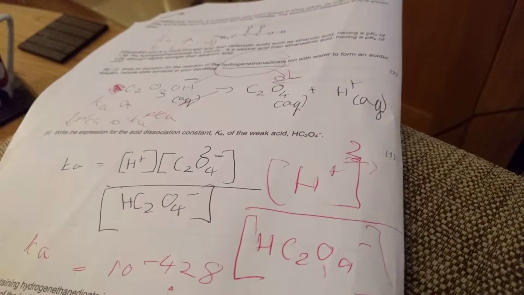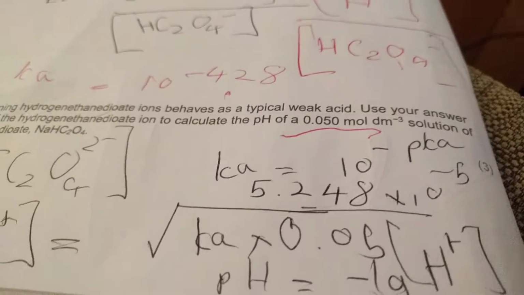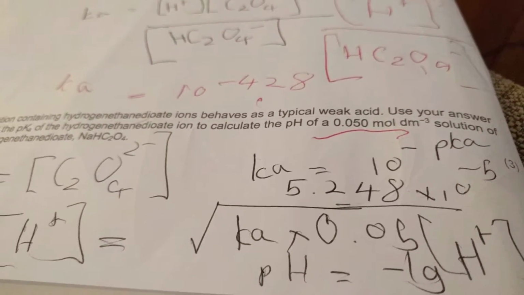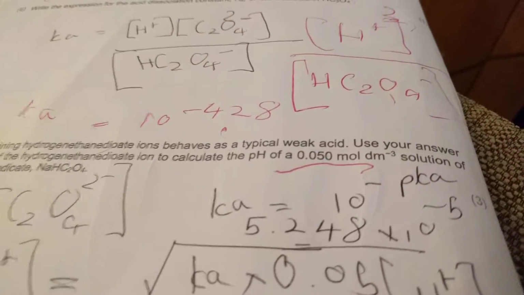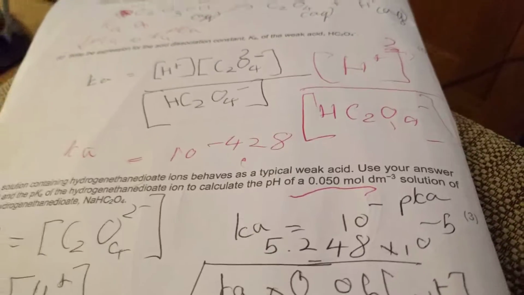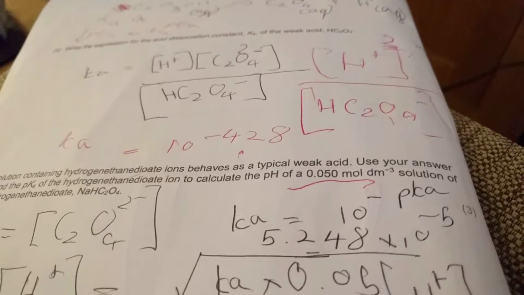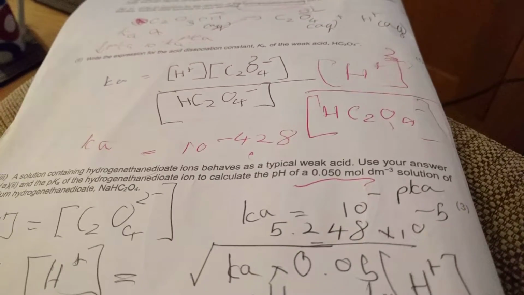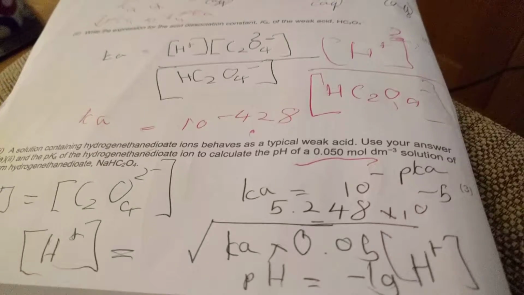And therefore we can rearrange to H+ being the square root of Ka times your HA concentration. In this case, Ka is 10 to the minus 4.28, which is the same as 5.248 times 10 to the minus 5 moles per decimetre cubed, and your HA is 0.05.